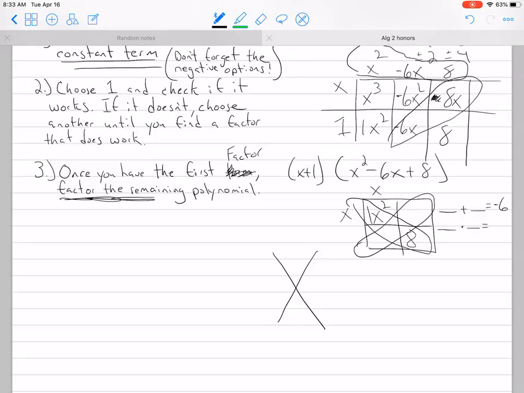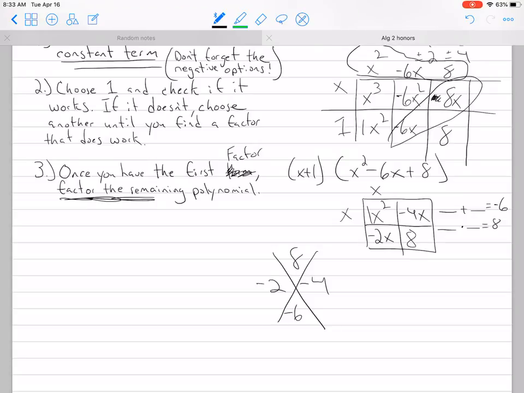So 1 times 8 is 8. So they have to multiply to 8, add to negative 6. 2 times 4 is 8. Negative 2 times negative 4 is also 8. Negative 2 plus negative 4 is negative 6. So negative 2x, negative 4x.